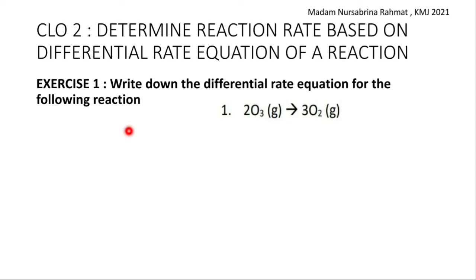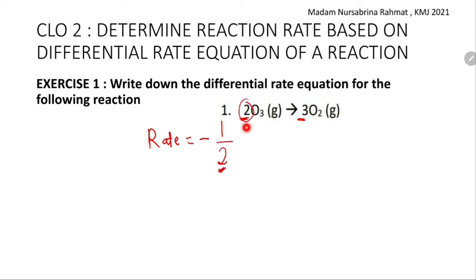I have here ozone reforming to form oxygen gas. There is 2 in front of ozone and 3 in front of oxygen, so the rate equals -1/2. Where do I get this 2 from?